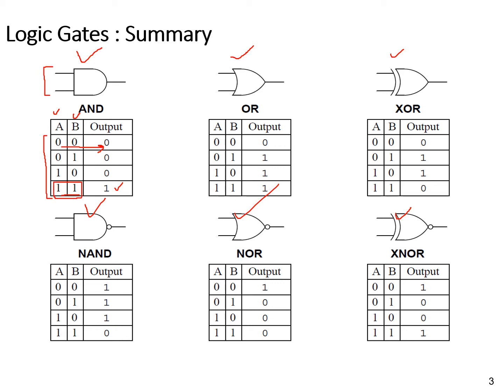Out of these four input combinations, 0 0, 0 1, 1 0, and 1 1, this logic gate can identify the last input combination, which is the highest input combination, and it is 1 1. So it can differentiate amongst its inputs. That is why we can say that this is a logic circuit, because it can make some logical or intelligent decision.